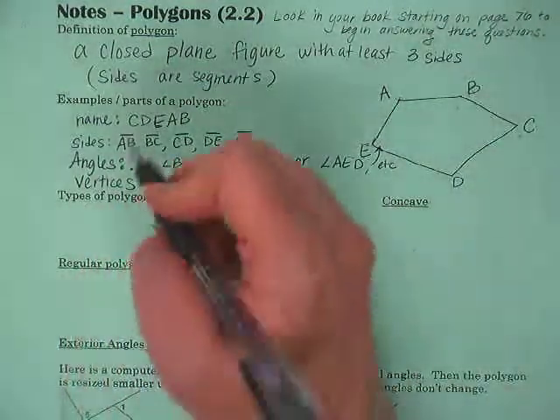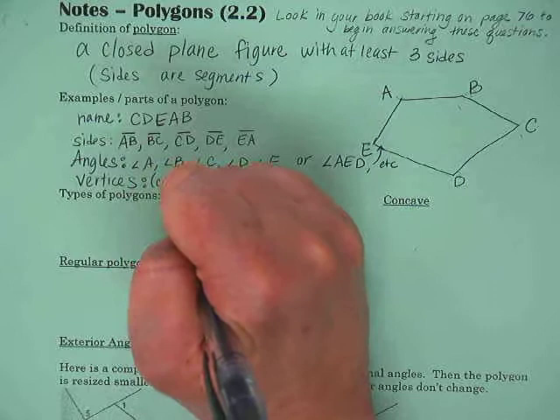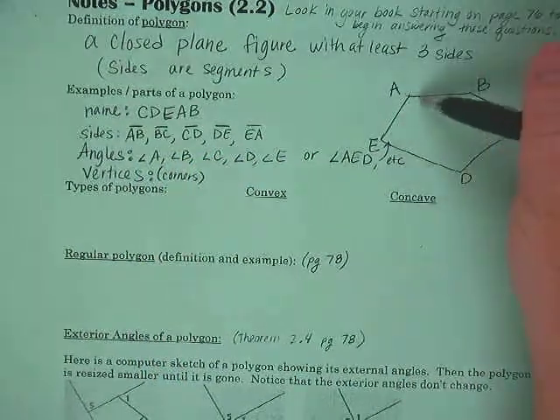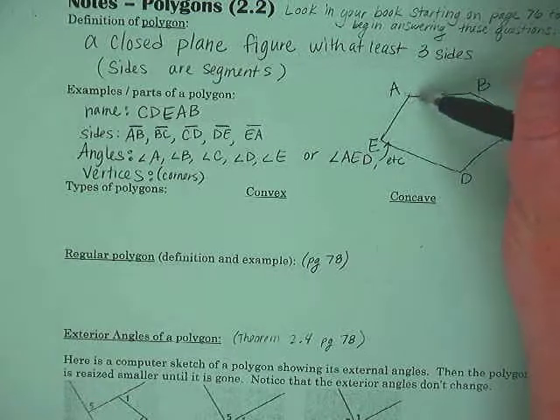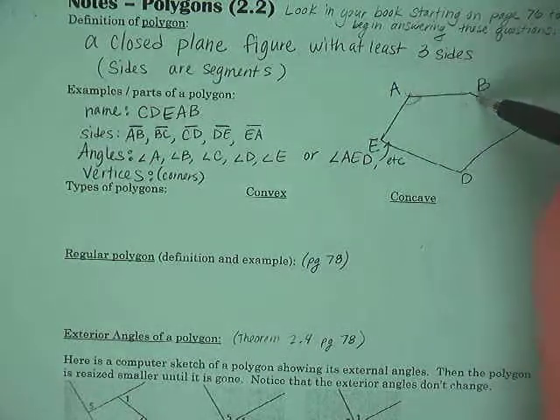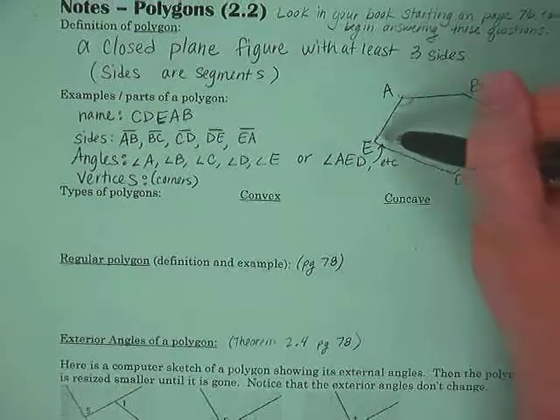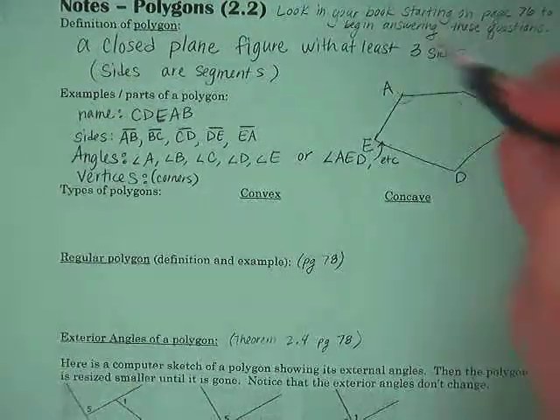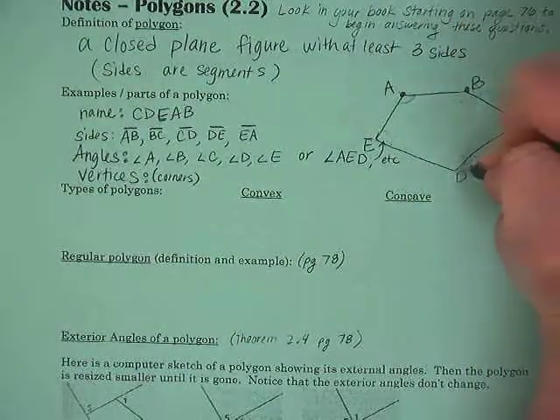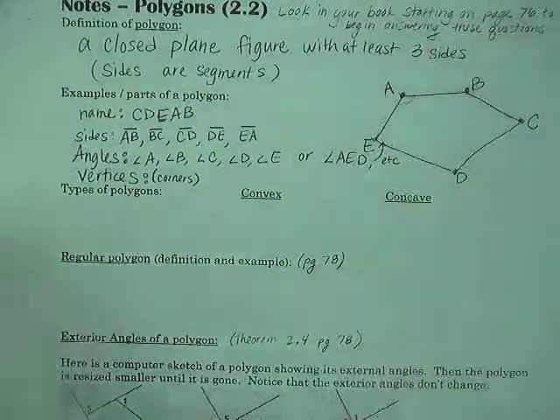Okay. Vertices. Do you know what vertices are? I think we learned about this with triangles. What are vertices? Vertices is a fancy name for the corners. It's a little bit different than the angles. The angles are like this between the 2 segments, correct? So this is an angle, this is an angle, this is an angle, this is an angle, this is an angle.